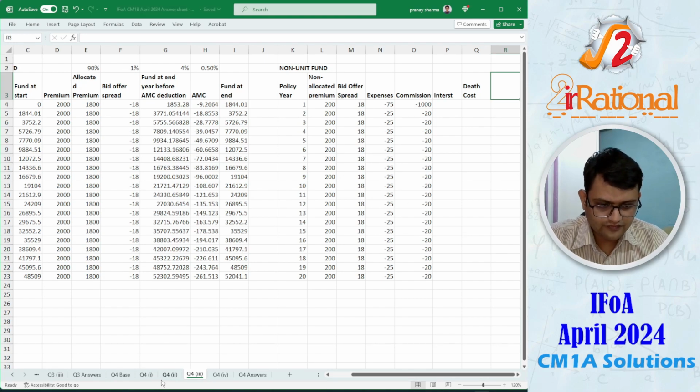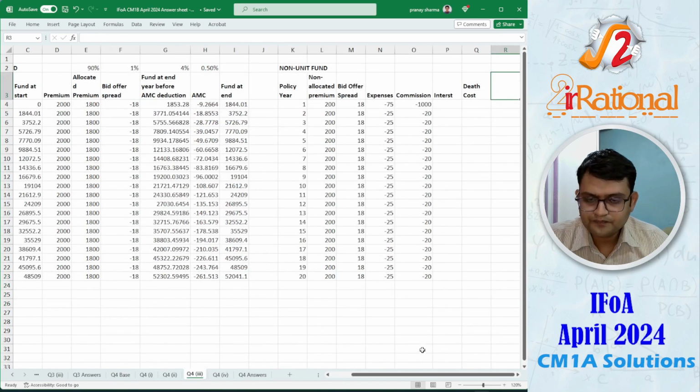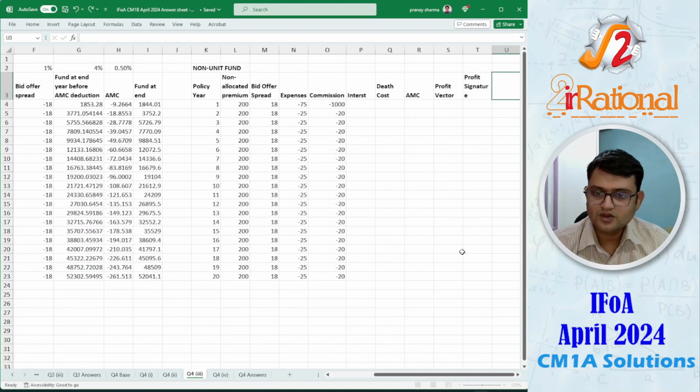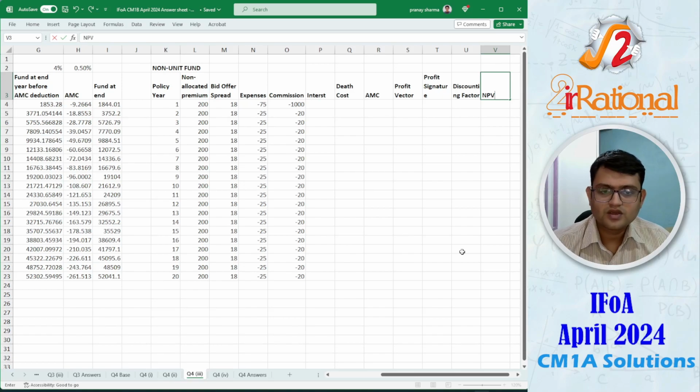We don't have a claim expense. There is no claim expense, so we don't have to consider that as well. We'll just have AMC back here and then profit vector. So these are all the columns that we'll require.